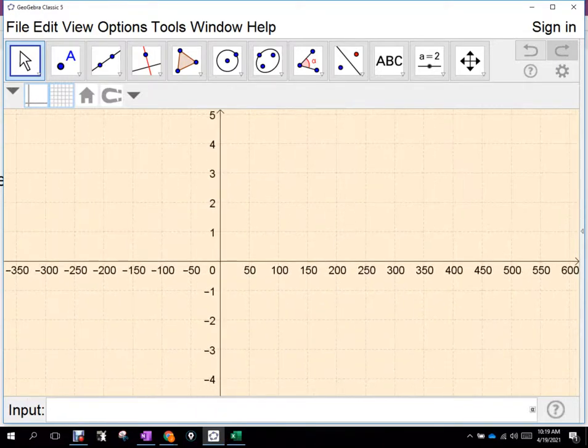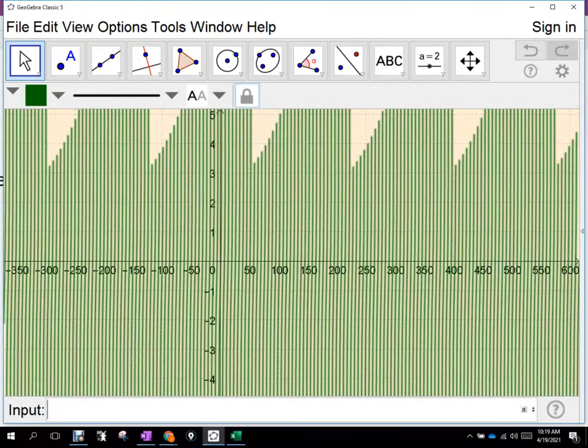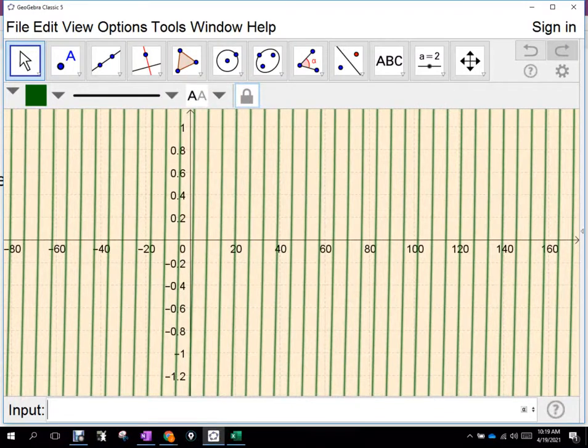That's a little bit better. All right, so if we type in the square root of 3 times the tangent of x over 2 minus 1, what in the world?